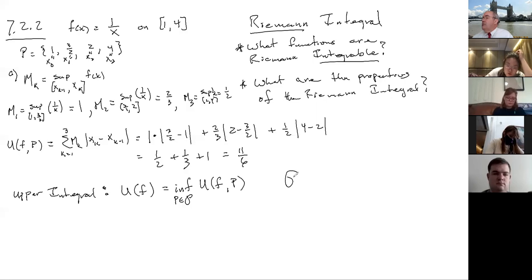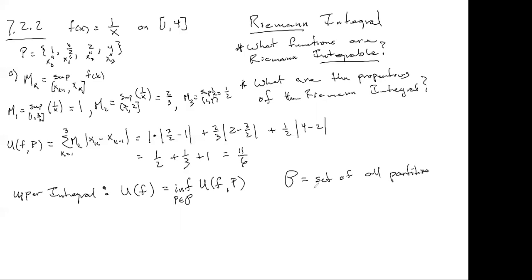So here this puffy P is the set of all partitions. So we calculate basically every possible upper sum that there is, and then find the infimum of those, and that's what we call the upper integral.